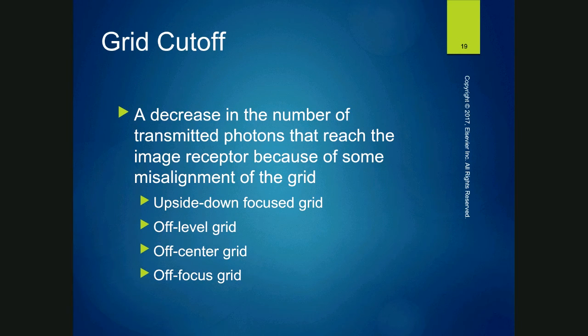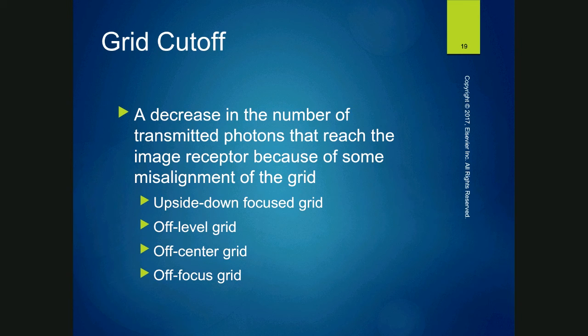You think that your patient is lying flat in the bed, you put the grid under them, you think it's all good, you make your exposure, and it's not. It happens a lot. When you think about when we use grids and the fact that you're using them in suboptimal conditions, stuff's going to happen, and most likely it's going to be off-level grid cutoff.